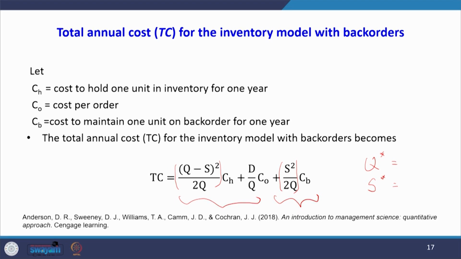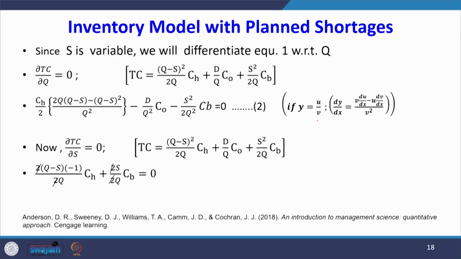If y equals u upon v, the formula for differentiation is dy by dx equal to, in the denominator v square, in the numerator v du by dx minus u dv by dx. So, in this expression, what is the value of u and what is the value of v?